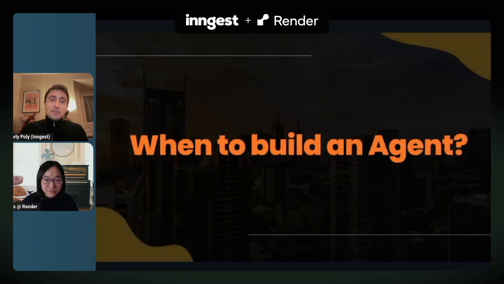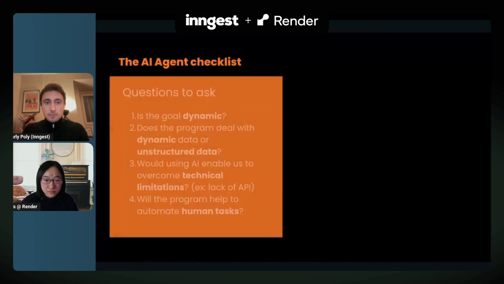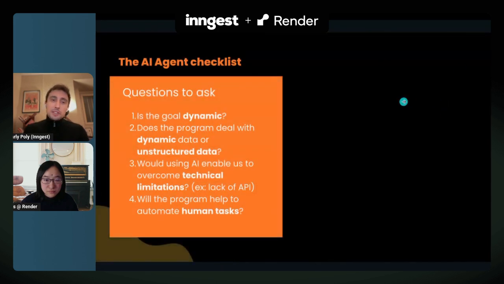So first, before digging into the code and looking at the architecture, let's ask ourselves when to build an agent. This is kind of the AI agent checklist, with AI agents in the wide sense, from workflow to fully autonomous ones.